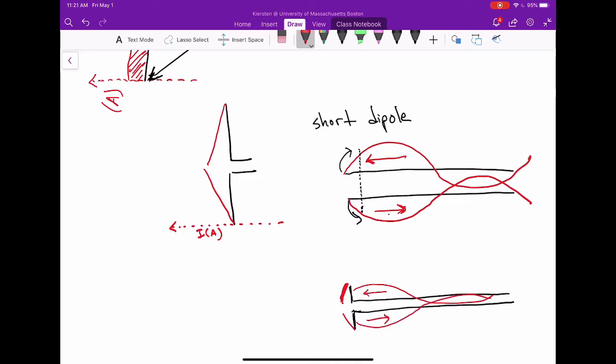The interesting thing about this is now these currents go the same way, because the current on this upper conductor follows along the direction of this arrow and goes up.